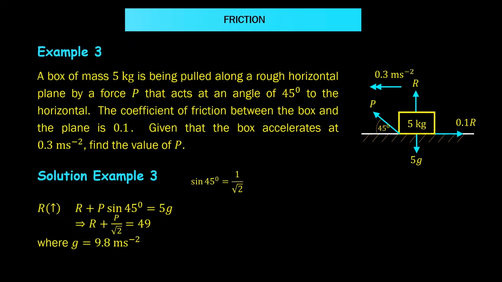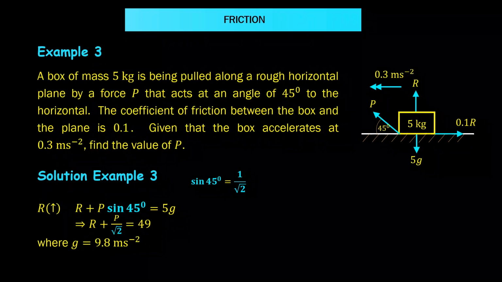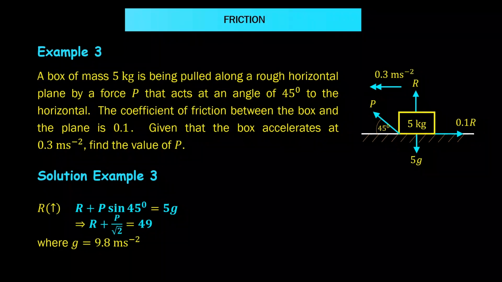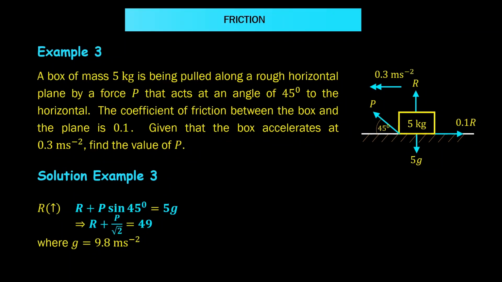And so now we can plug in sine 45 equals 1 over root 2 and g equals 9.8. So sine 45 degrees goes here, and g plugged in here to give us this expression, R plus P over root 2 equals 49.